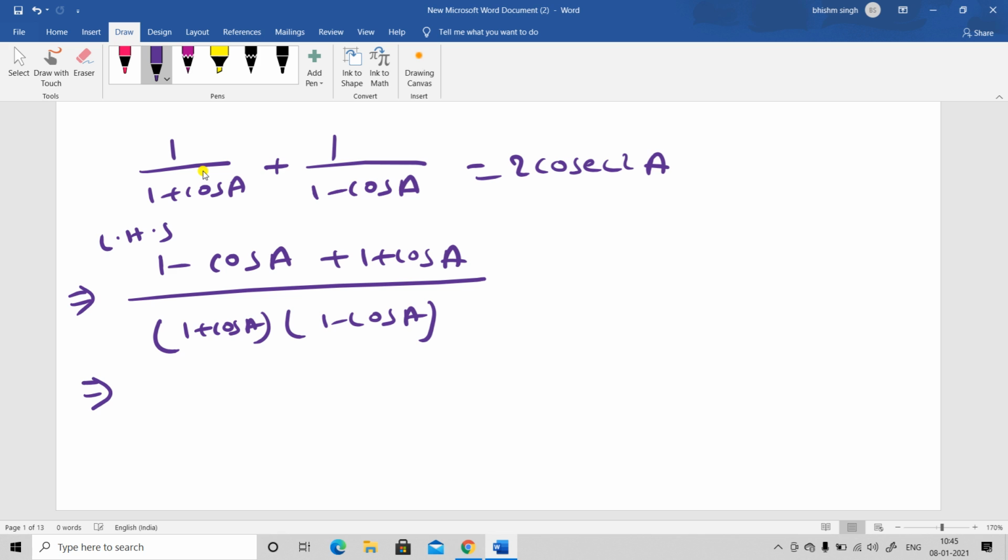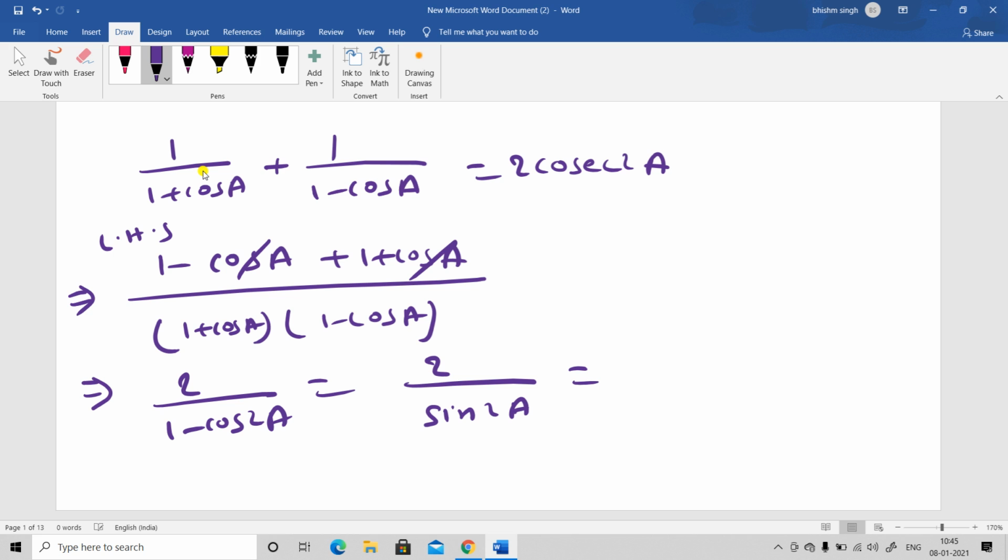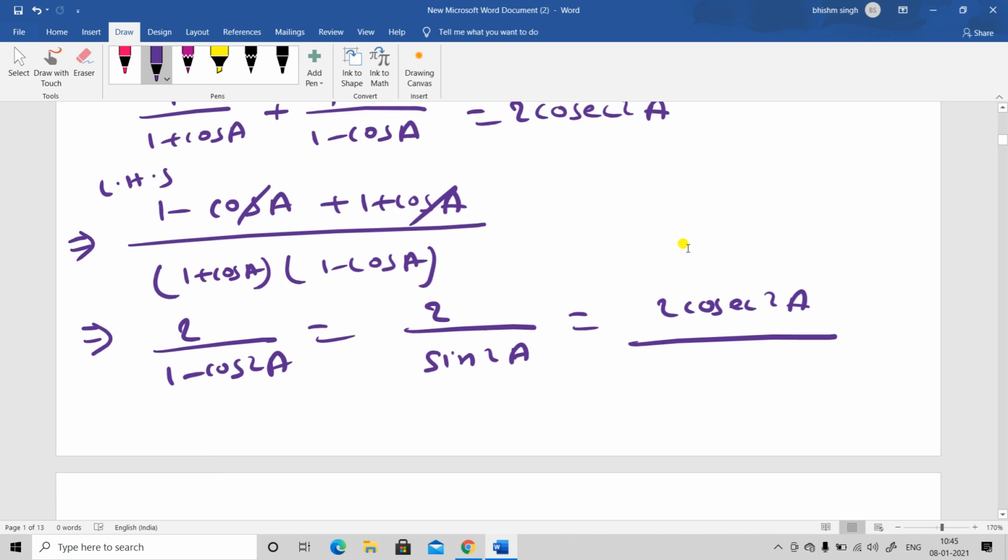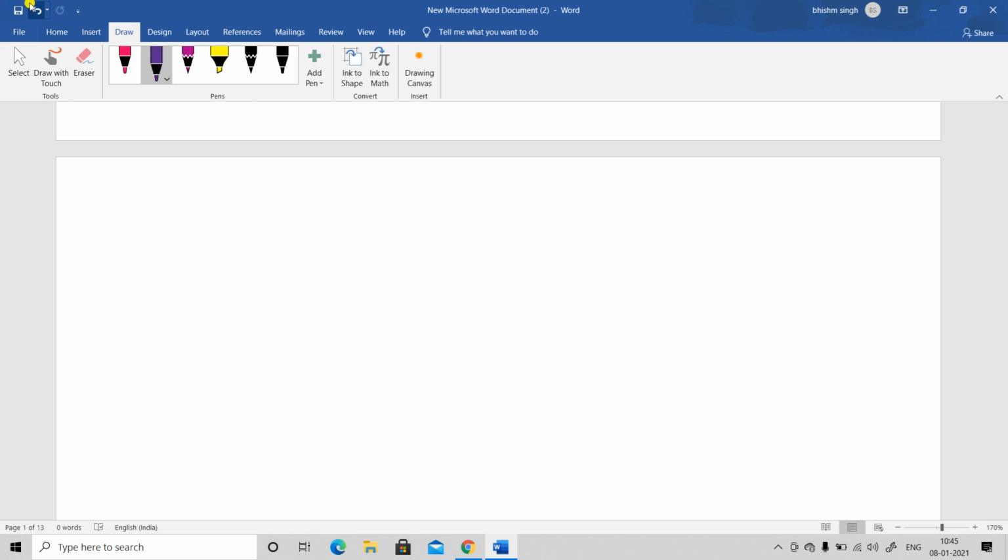Now next, cos A cancels here, 2 divided by 1 minus cos square A. So 2 divided by sin square A, and that is equal to, you know that sin is reciprocal of cosec, so 2 cosec square A. 2 cosec square A is your answer. Your answer is 2 cosec square A.